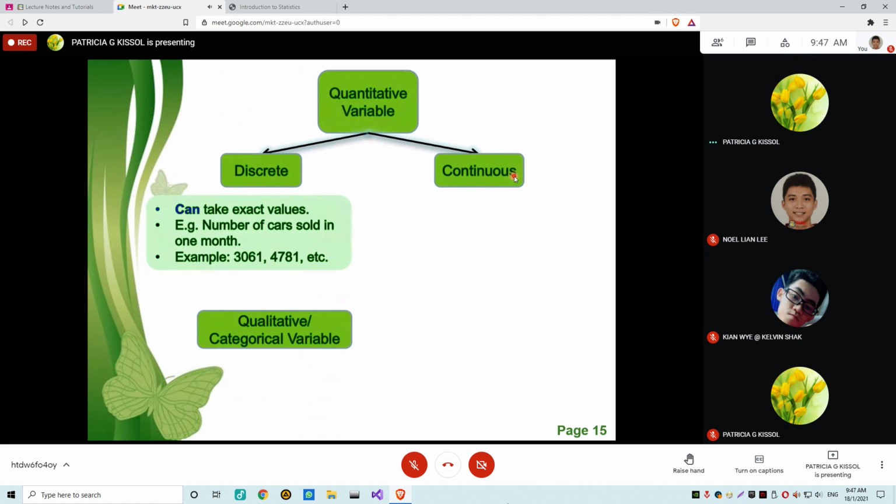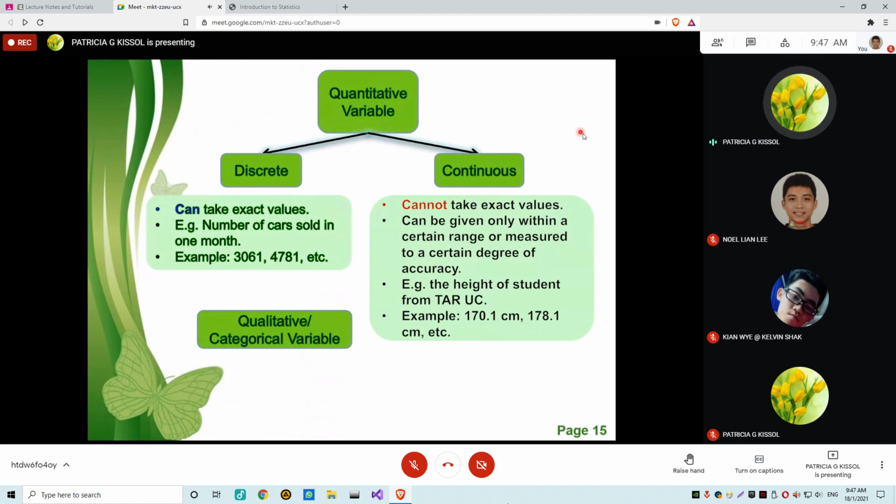Continuous data cannot take exact values, and it can be given only within a certain range or measured to a certain degree of accuracy. Example, height of students, as I mentioned here, 170.1 centimeters or even 178.1 centimeters. So I've explained these. I hope you understand that. Is that clear?